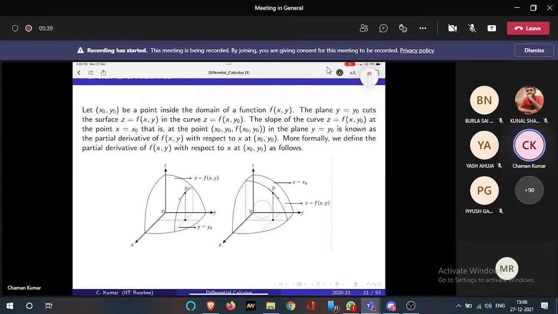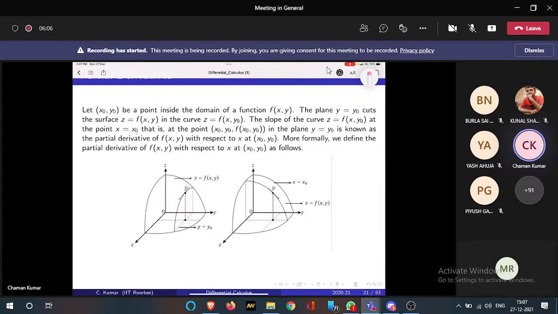Okay, so that means in order to calculate the partial derivative with respect to x, we fix the variable y to make it a function of one variable, and then differentiate it as if it is a function of one variable with respect to x. To calculate the partial derivative of the function with respect to the variable y, we fix the value of x.